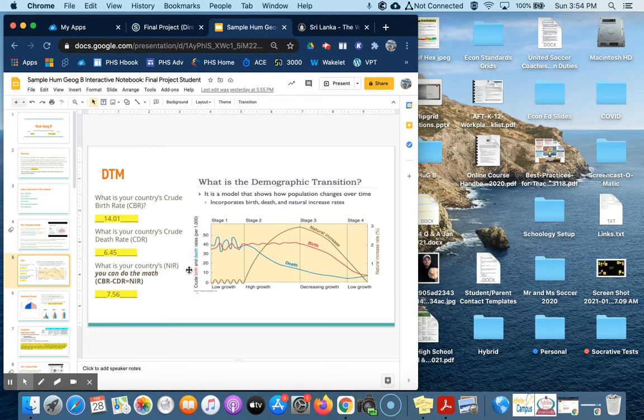The crude death rate is 6, so this crude death rate 6 looks like it's towards the end of stage 3 as well. And the NIR is the gap in between. So to me, it looks like my country is pretty close to entering stage 4 of the demographic transition model. In other words, we would expect its population to start squaring off or maybe even declining a bit.